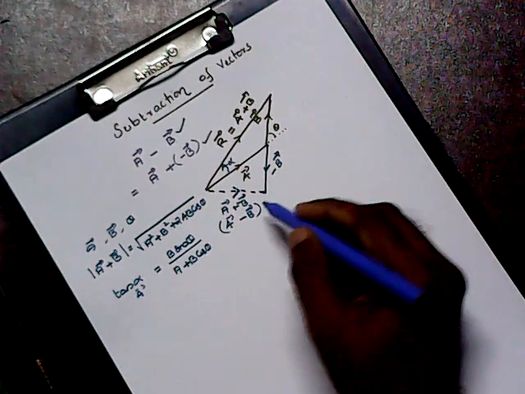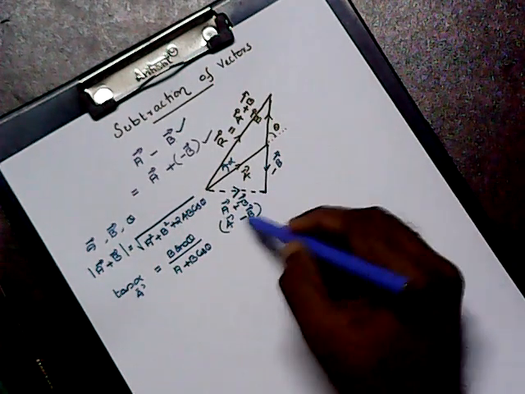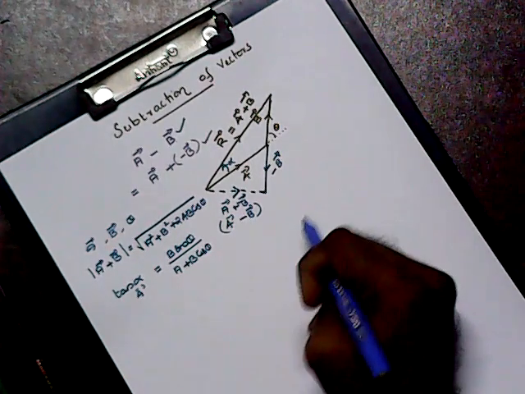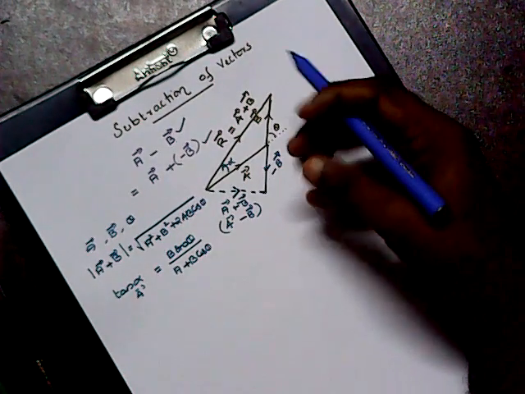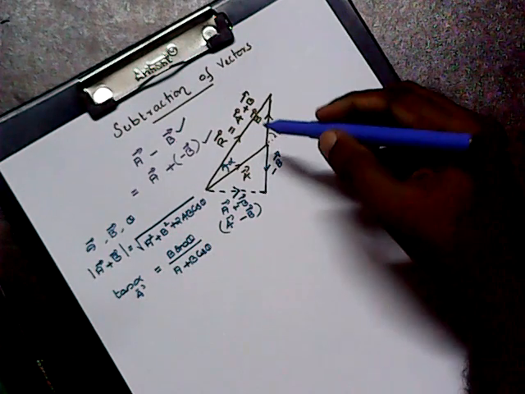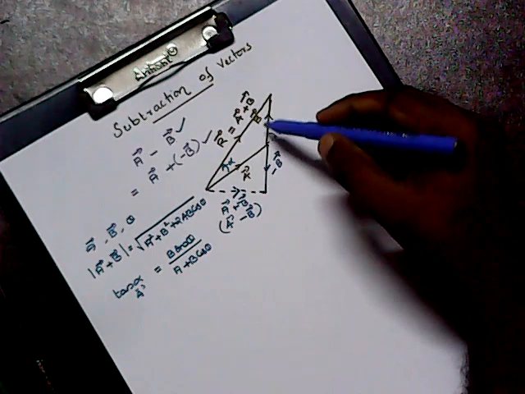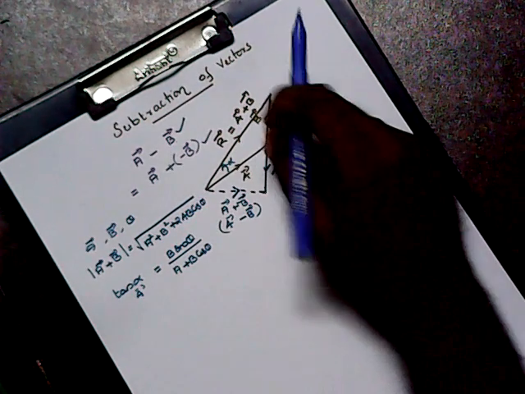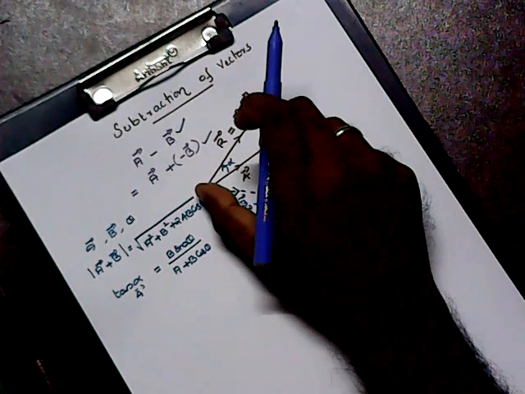But in order to find the value of modulus a minus b, what is the difference with respect to the addition process? Here b is changed into minus b, so there is no change in the magnitude of b, and no change in the magnitude of a.